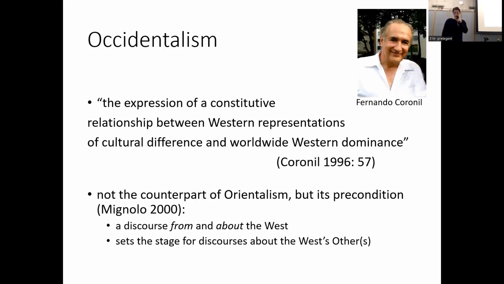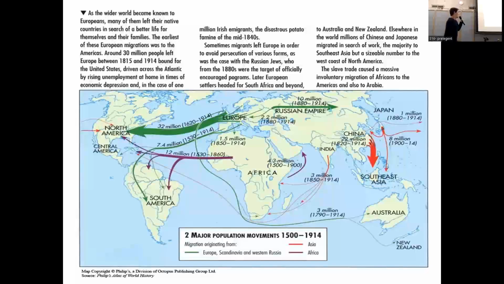Equally missing then from this prevailing notion of Europe was the voluntary emigration of up to 50 million Europeans to the Americas between the 1840s and the 1930s. Here's a map from a Phillips Atlas of World History from 2004, illustrated and kind of starting with the idea that as the wider world became known to Europeans, many of them left their native countries in search of a better life for themselves and their families.